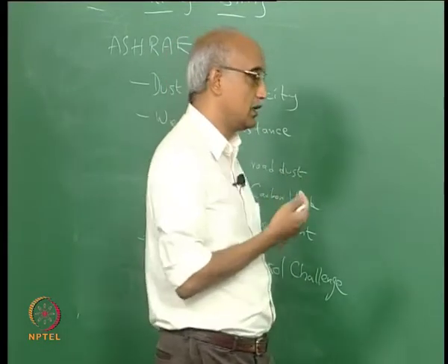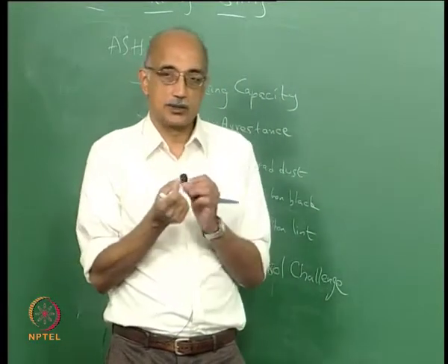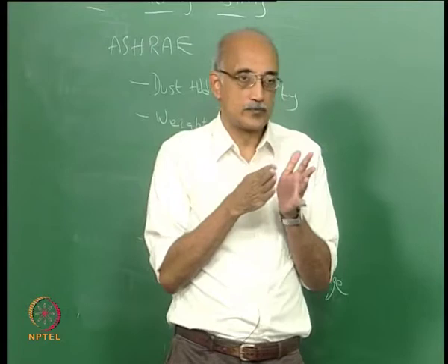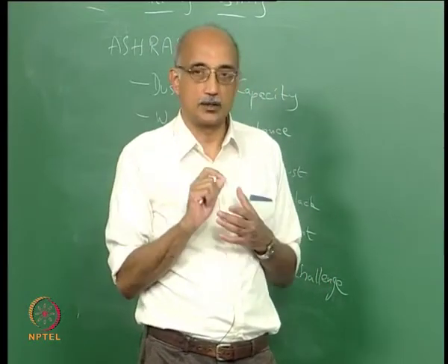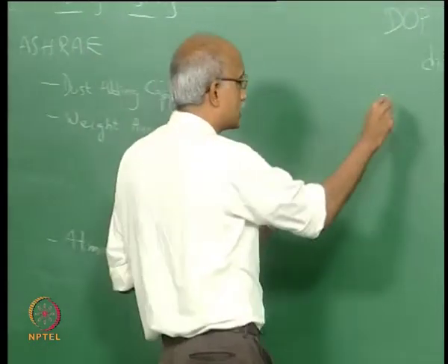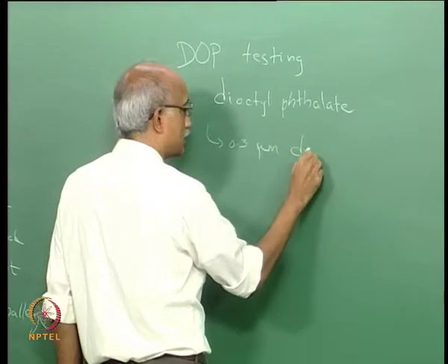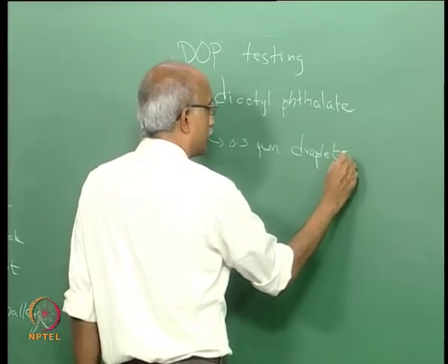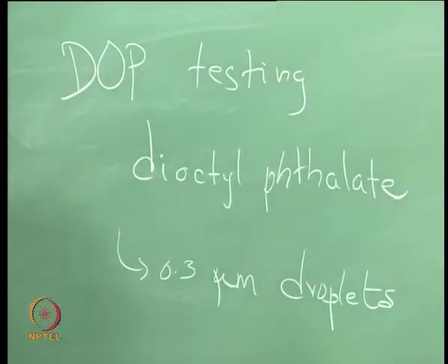So in this technique, you can actually control the resulting aerosol to a very uniform monodispersed size distribution that is centered around 0.3 microns. So from this you essentially get 0.3 micron sized droplets of DOP, which you then challenge your filter with.